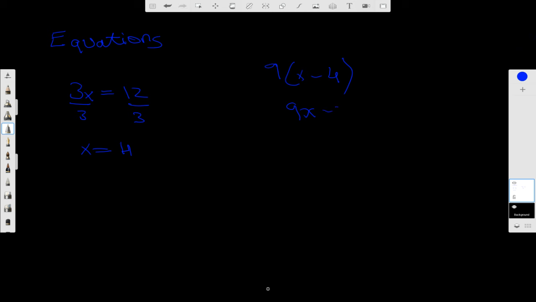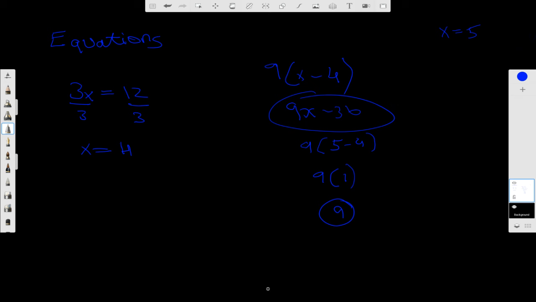Okay, anyways, that's fine. So say we know what x is. Let me just fix that. Let's say x equals 5. Then you get 9 times 5 minus 4, and you get 9 times 1, and then your final answer is 9.